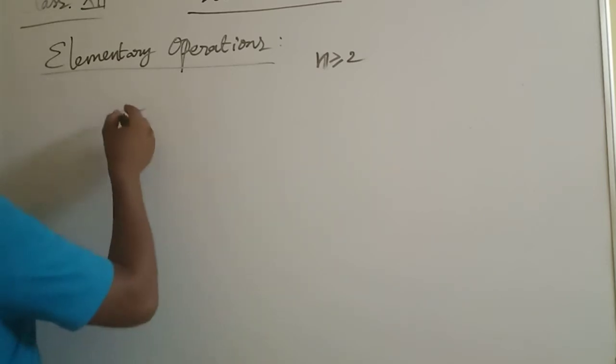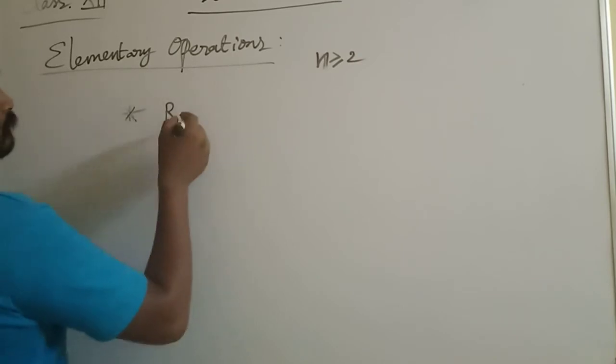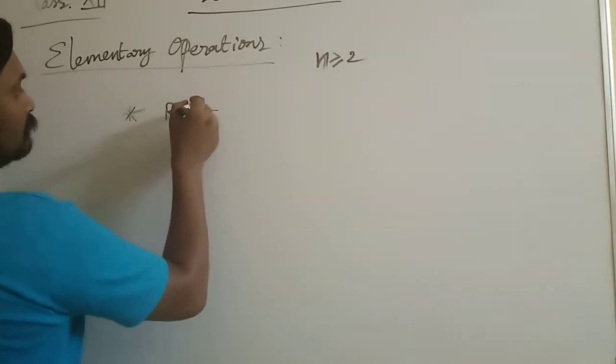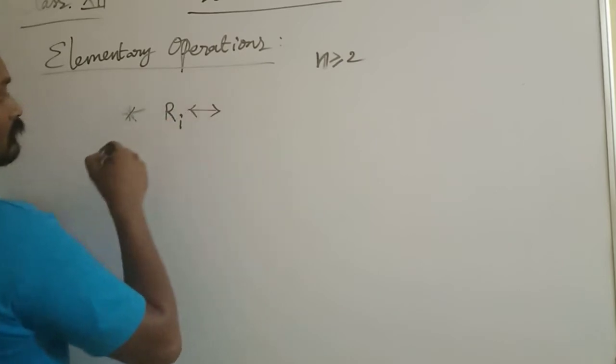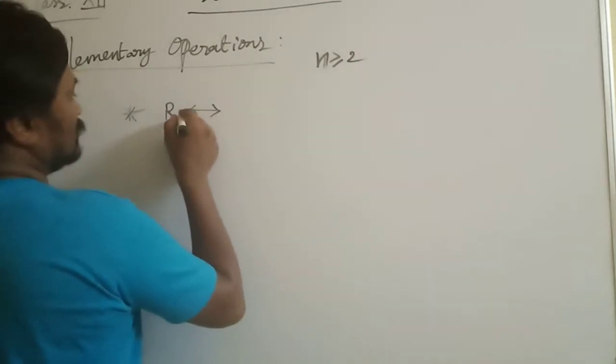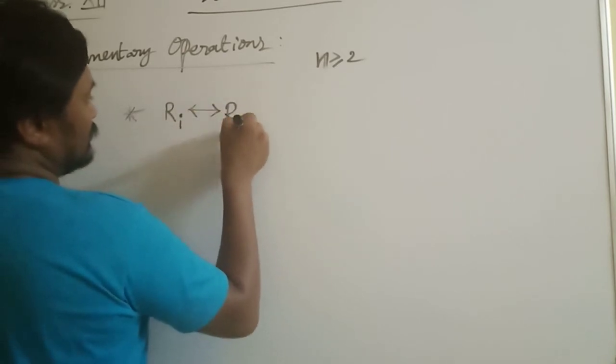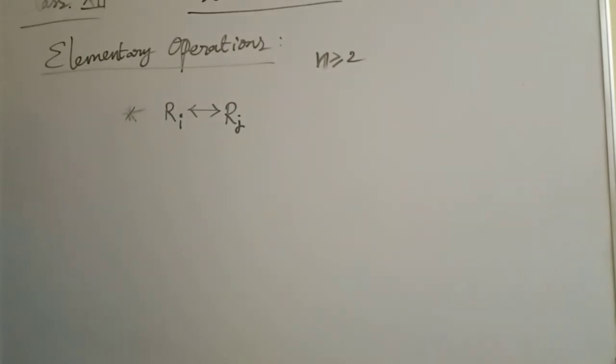Okay, so now the first one, it is like this they given. So Ri and Rj are there.